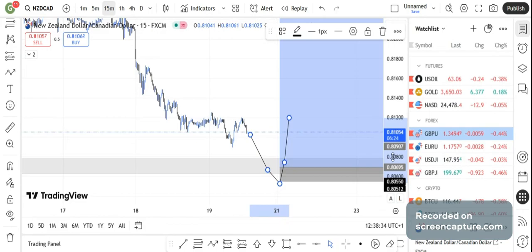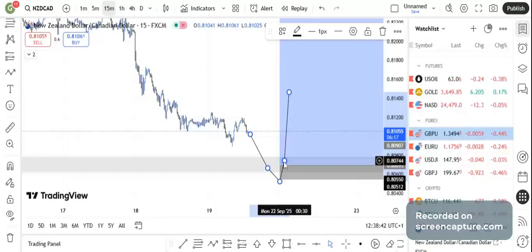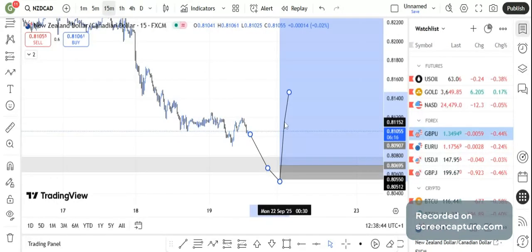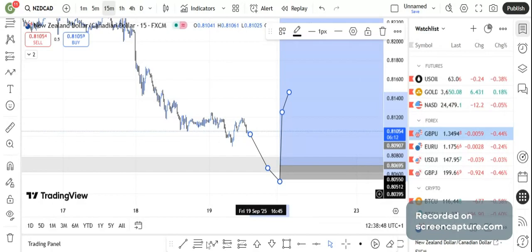And thirdly, you can use market shifts, what is it called? Breakout and retest. This is our eye.